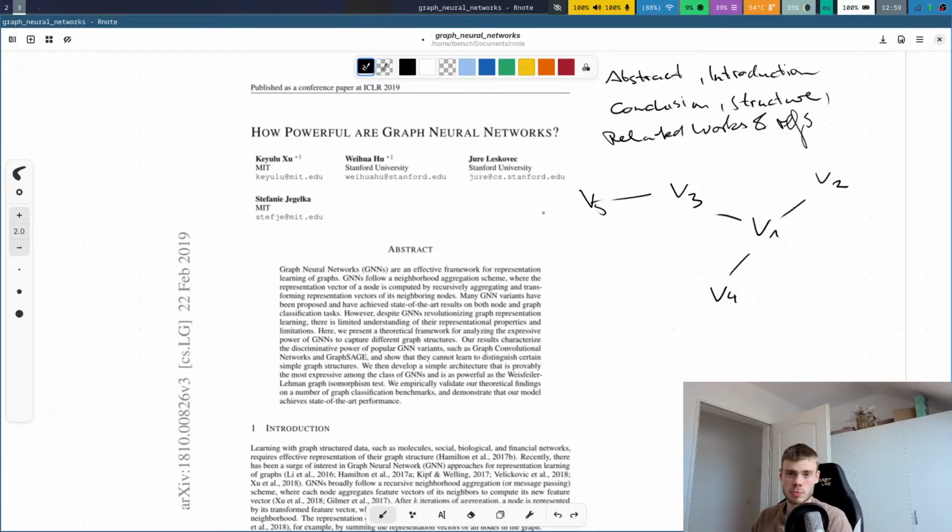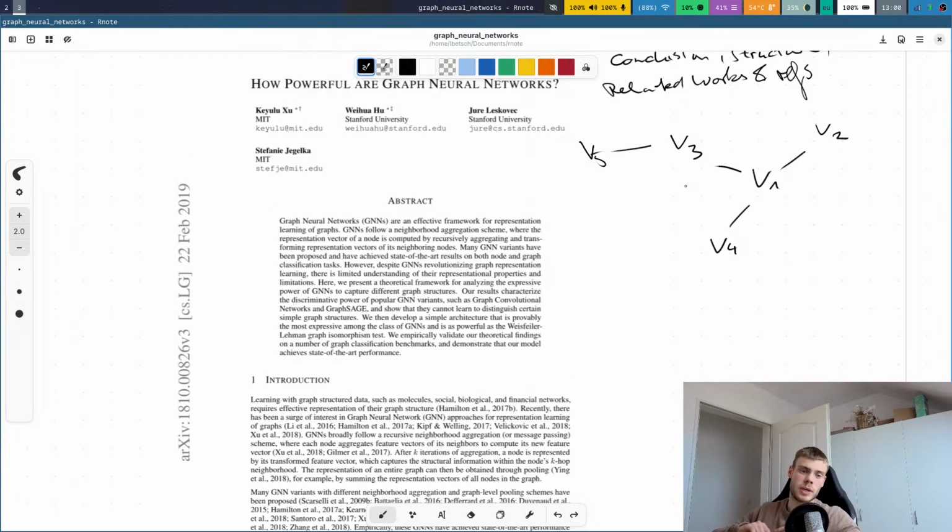What the message passing neural network now does is it goes through all of the nodes.